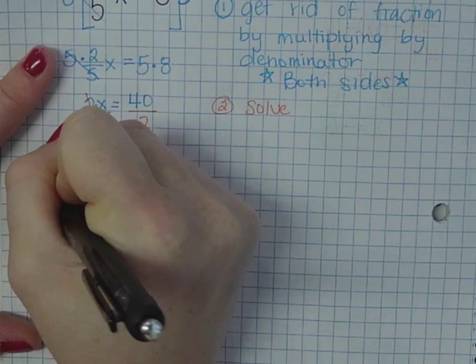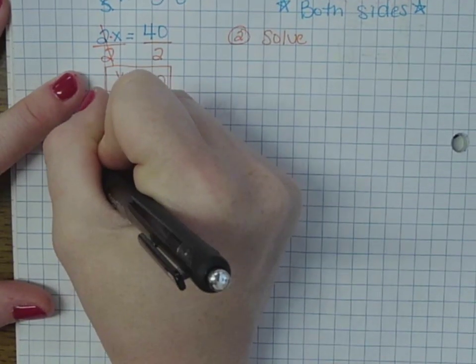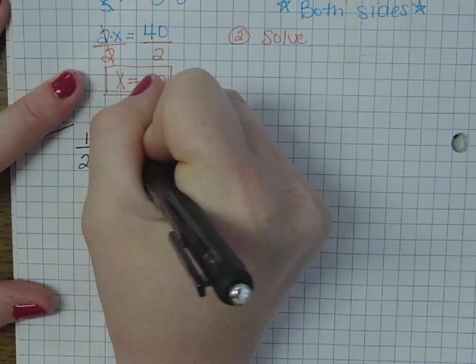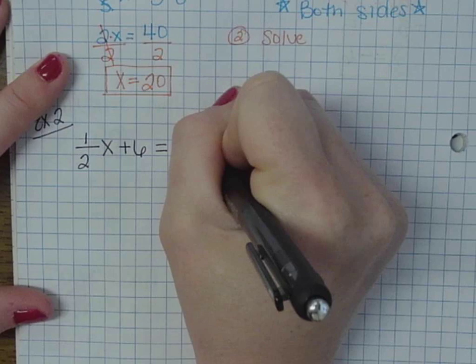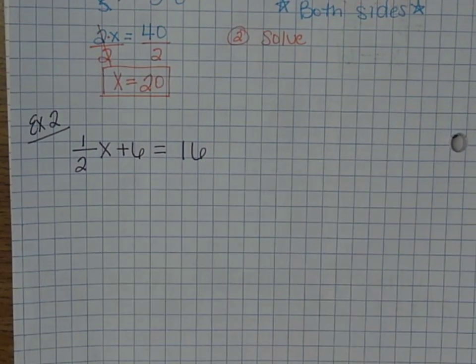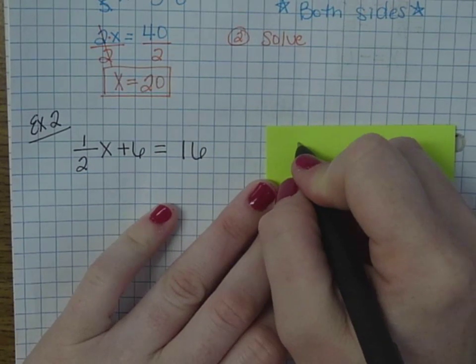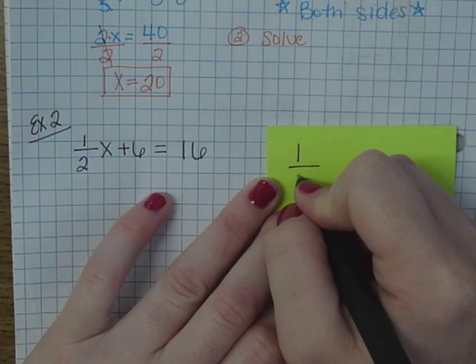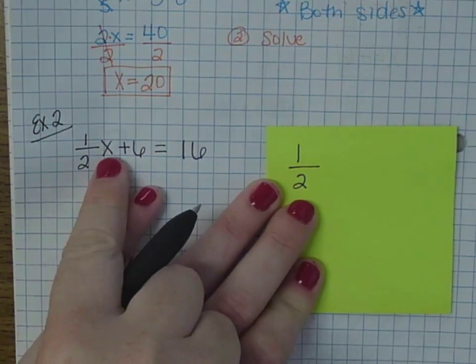So example 2. If I have 1/2 x plus 6 equals 16. Another way you can also see this, because if it's 1/2 x, this x doesn't actually have to be there.